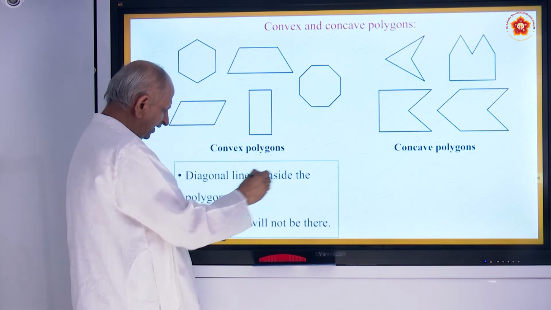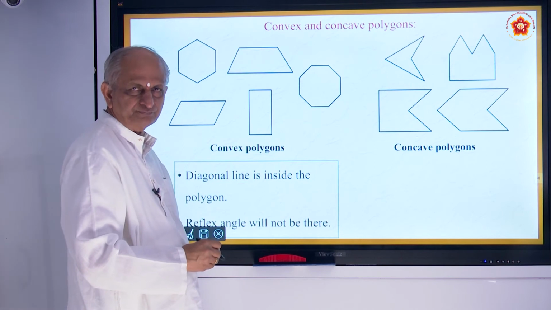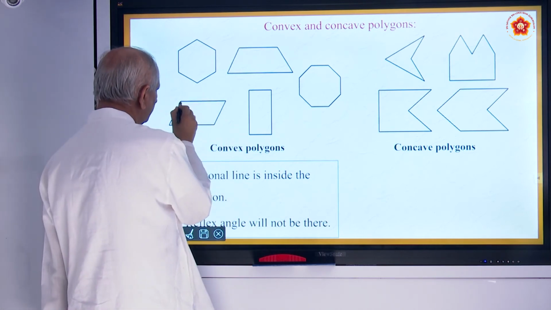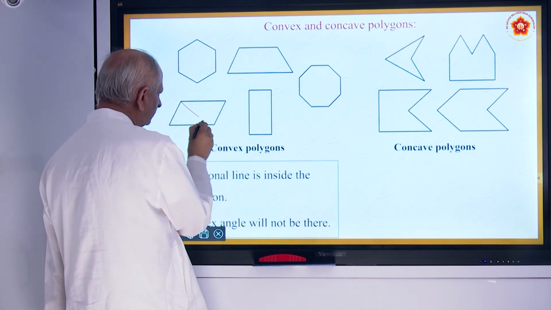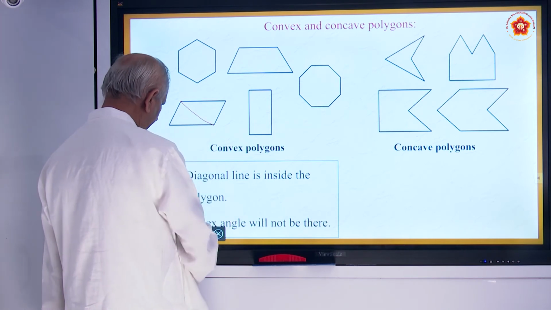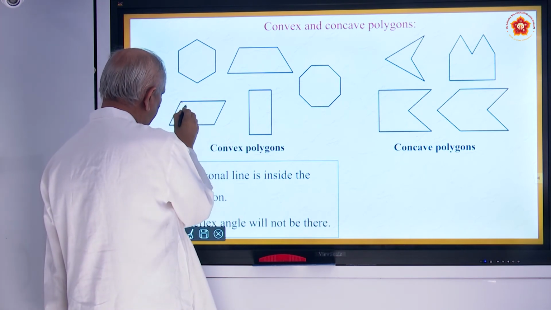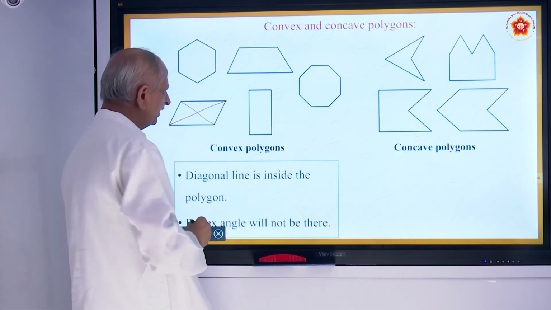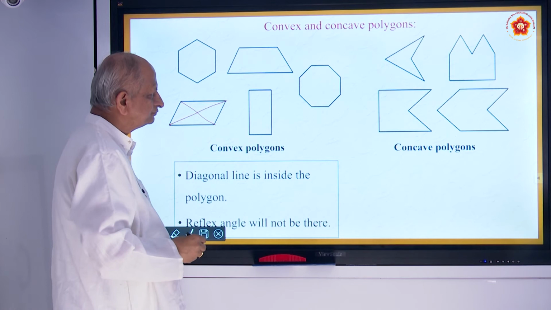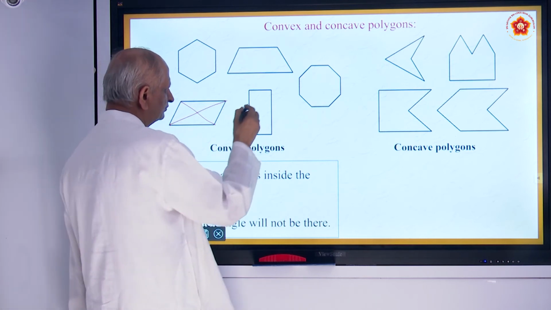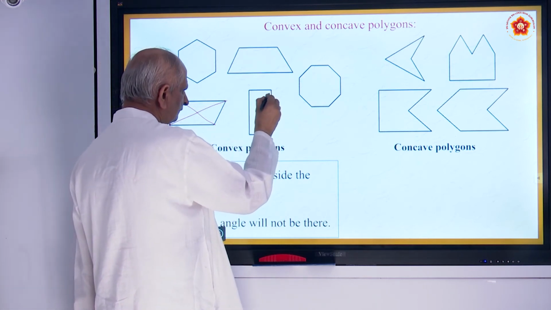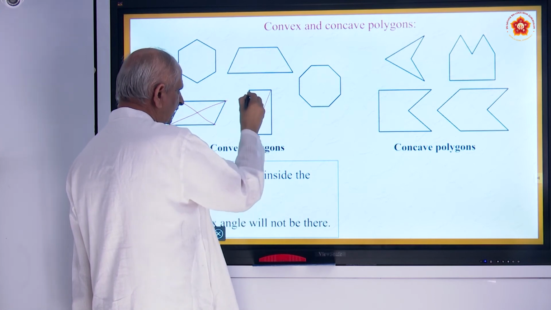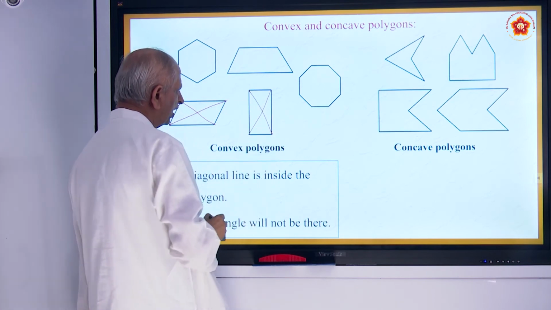The diagonal is inside the polygon. Here you see in all these figures, the diagonal will be inside the polygon. This is one diagonal, the second diagonal will also be inside. Is it not? So that is what is called a convex polygon.